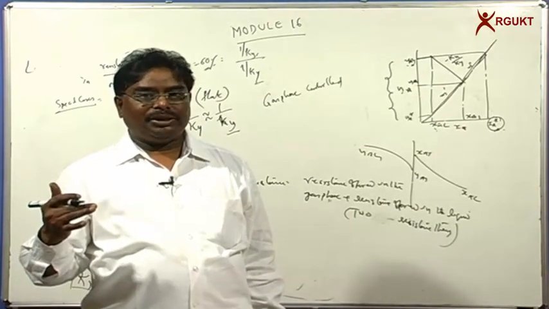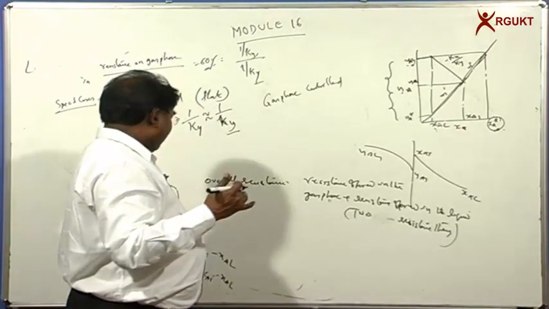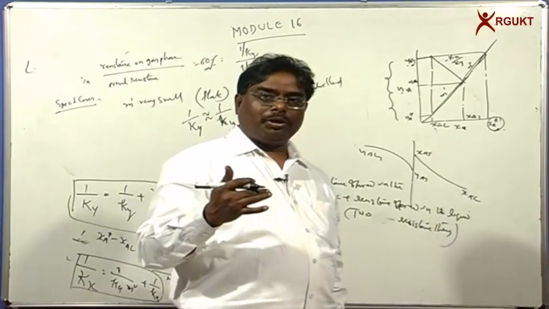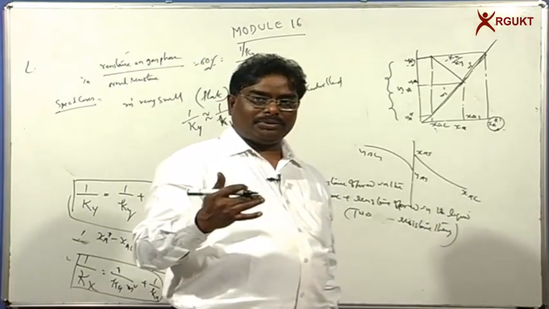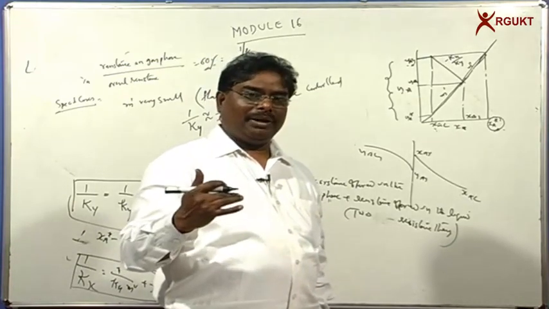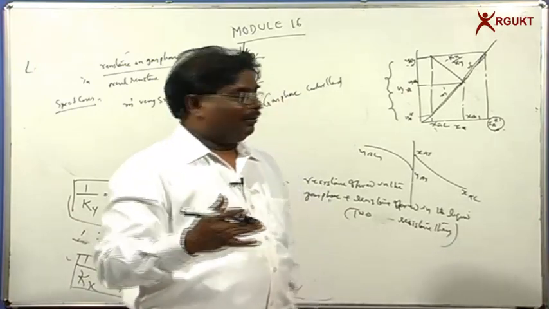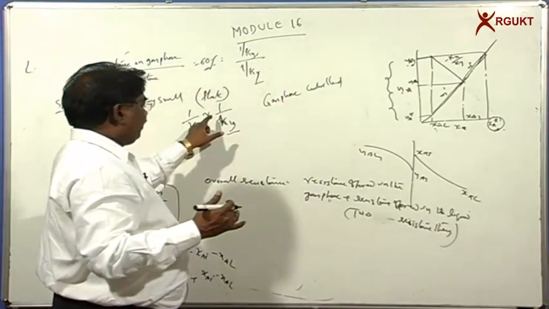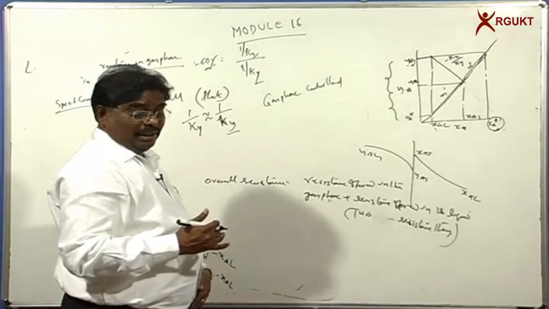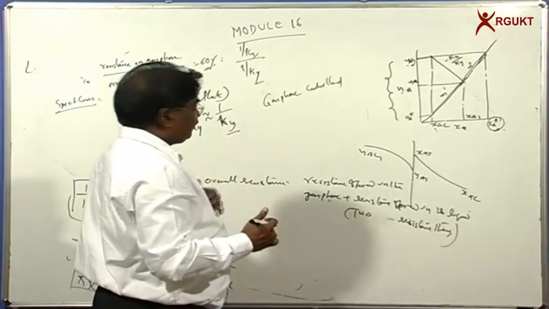If m is very small, m by Kx is going to become much smaller. So 1 by m by Kx will be very, very small. So what one can say, 1 by capital Ky is approximately equal to 1 by small ky. So this is what we call a gas phase control.